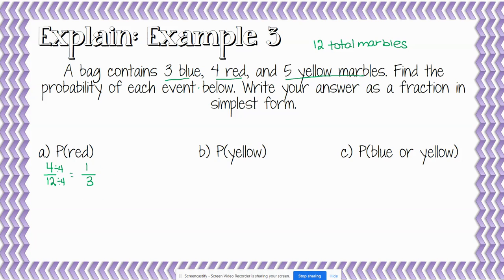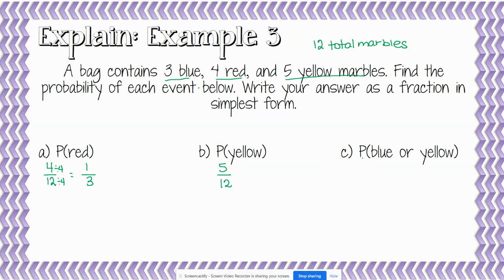So the probability of landing on red is 1/3. Part B says the probability of a yellow. Well, there are 5 yellow marbles in my bag out of 12 total marbles. So my probability is 5 over 12. That cannot be simplified, so my final answer here would be 5/12.